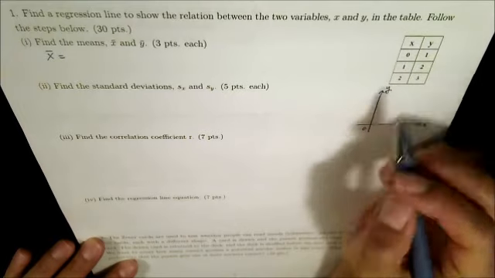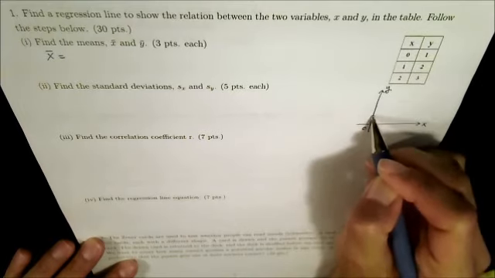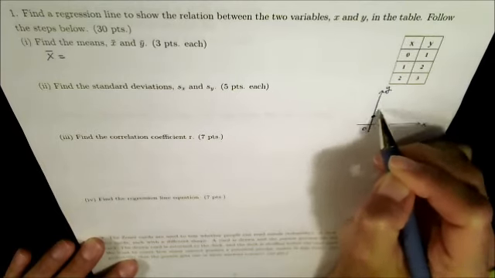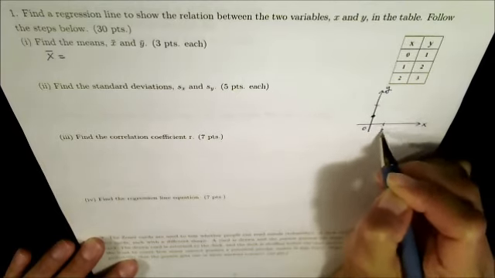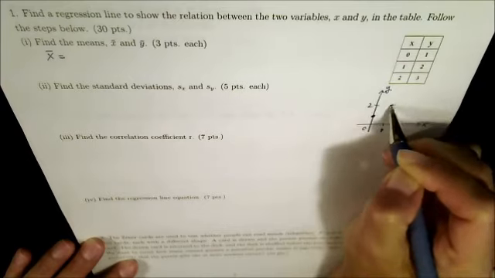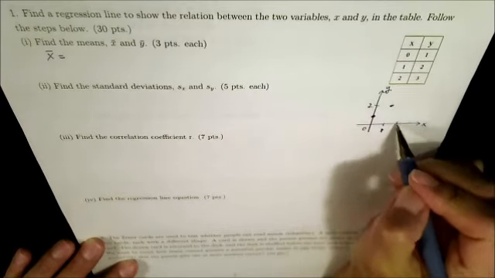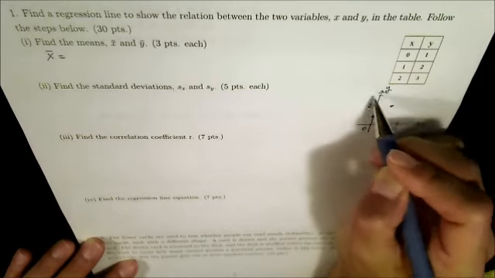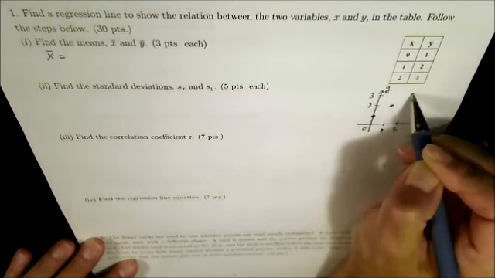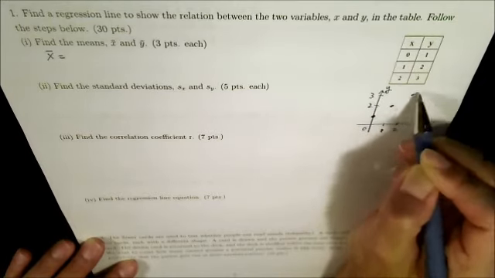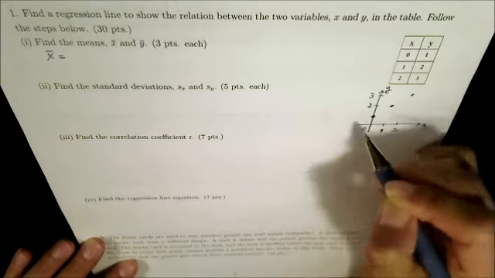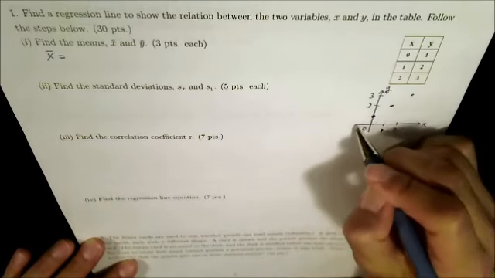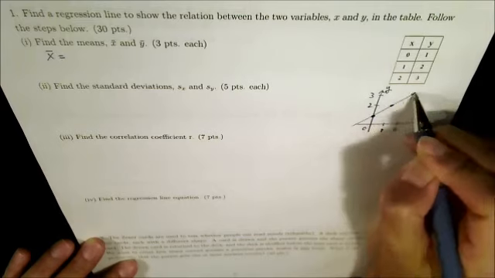When x equals 0, you have 1 for y. Then x equals 1 and y equals 2. When x equals 2, y equals 3. So we clearly see that we have 3 points, right? Eventually you want to find a regression line, which is this straight line.